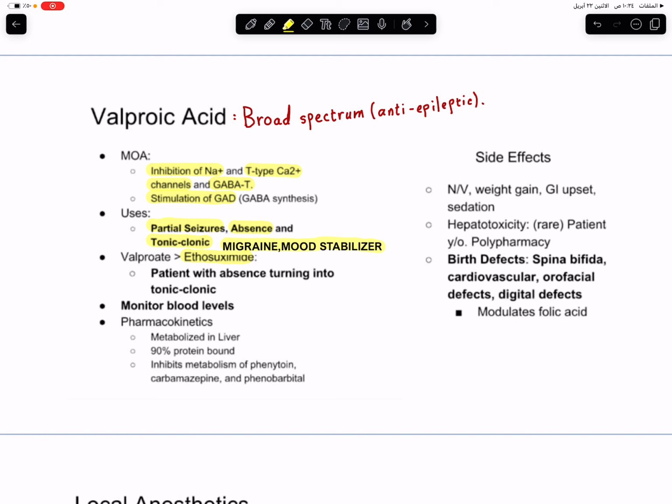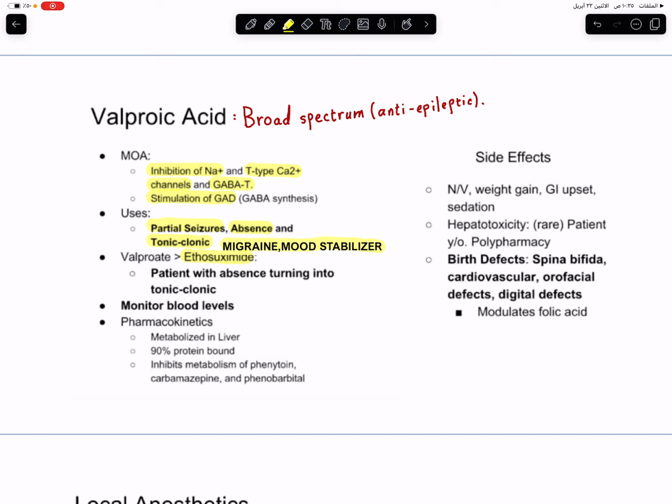So it will increase the level of these drugs if they are given together. The take-home message is that we need to decrease the dose if we use valproic acid together with phenobarbital, phenytoin, or carbamazepine. Why? Because it inhibits the metabolism of these drugs.